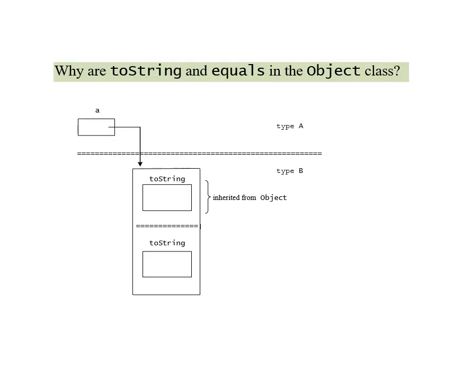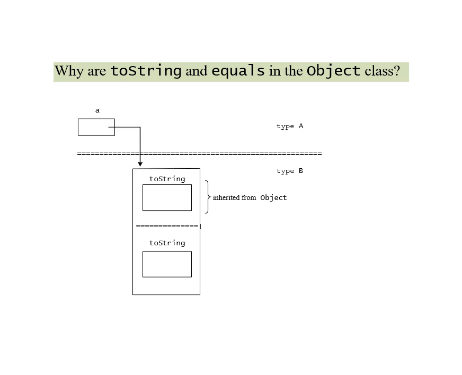All right, so why is toString and equals in the object class? Doesn't make sense that they're there, but there actually is a very, very, very good reason for those toString and equals methods to be in the object class, even though you would never want to invoke them, execute them, all right? So let's say you have a pointer that's pointing down, right? So let's say little a is an A-level pointer, and B is a subclass of A, and a is pointing down, which is legal, to a B object.